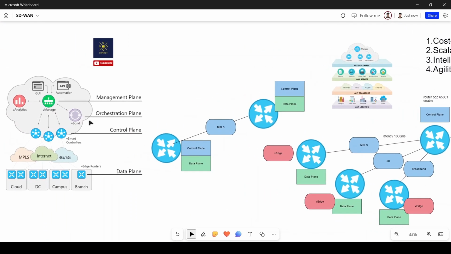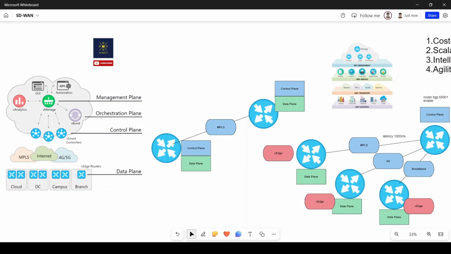So let's talk about vManage in detail, what it does exactly. vManage acts as a central management platform for the SD-WAN infrastructure. It provides a web-based interface that allows administrators to configure and manage all SD-WAN components, including vEdge routers, vSmart controllers, and other devices within the network, obviously.